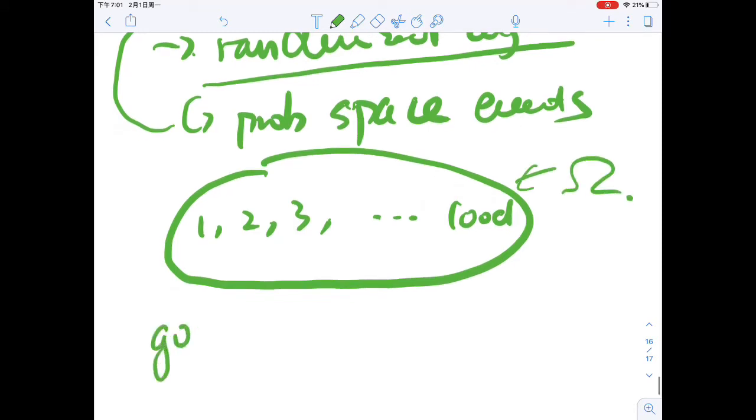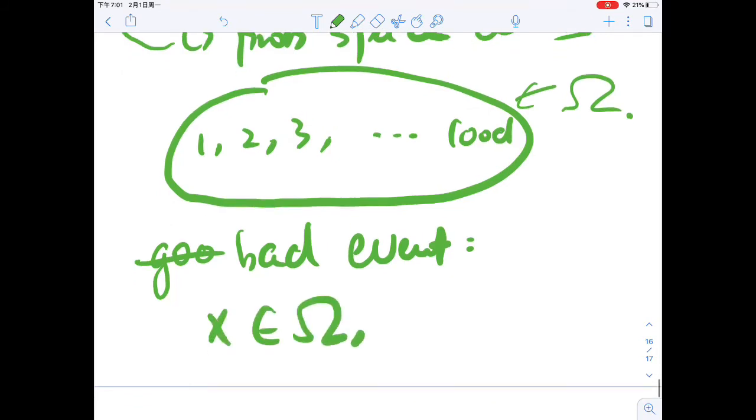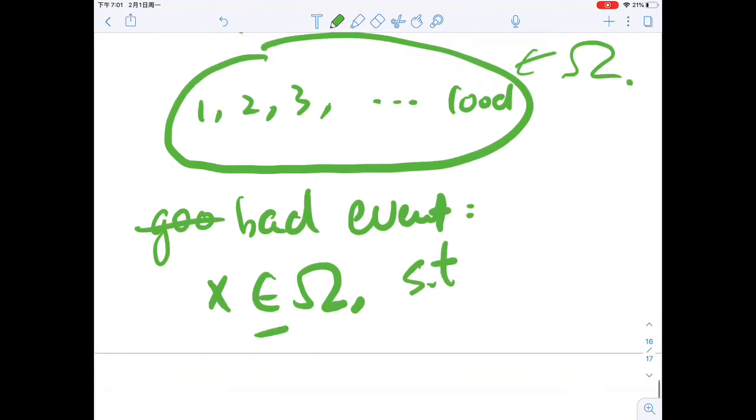And then we can also define what is sometimes called a bad event. That would be all the numbers inside omega such that f(x) equals g(x).